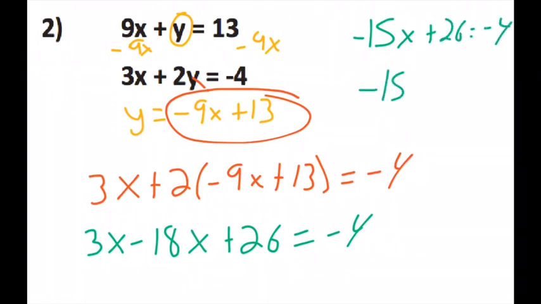And I get -15x equals -30. So x equals 2, which is the exact same answer we got before by using elimination. So a lot of times with systems of equations, you have multiple ways that you can approach that problem. You can either use substitution or elimination. And as long as you do the correct steps, you're going to get the same answer.